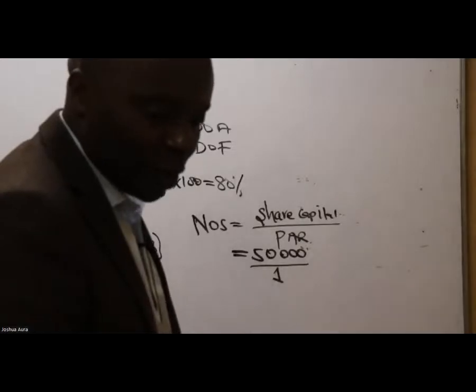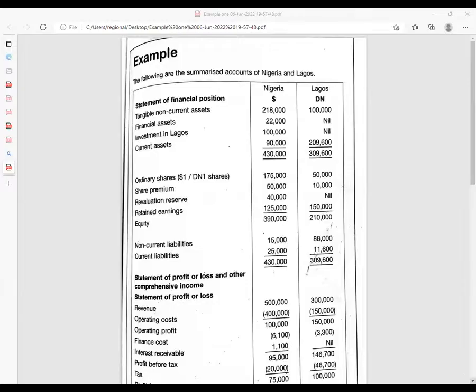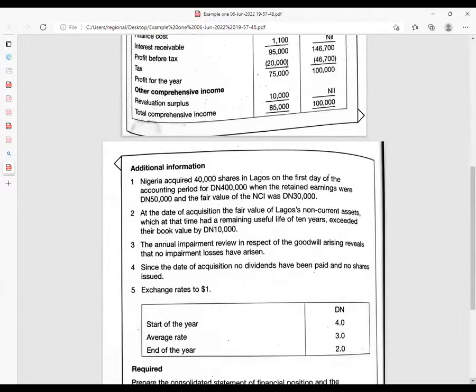We are told Nigeria acquired 40,000 shares in Lagos on the first day of the accounting period. Oh, beginning of the year, right? There is nothing really here to count in terms of days.